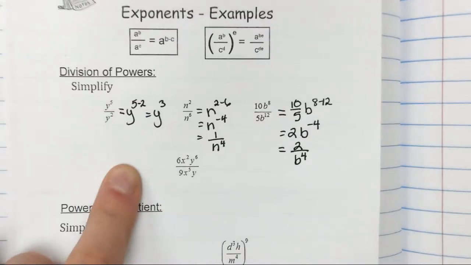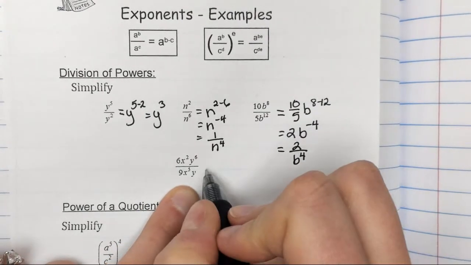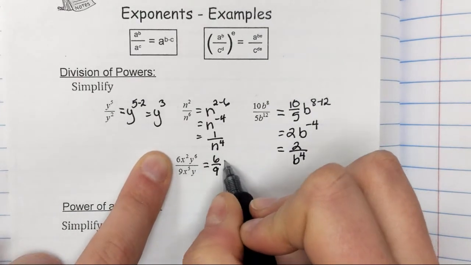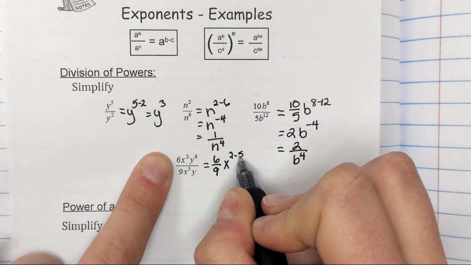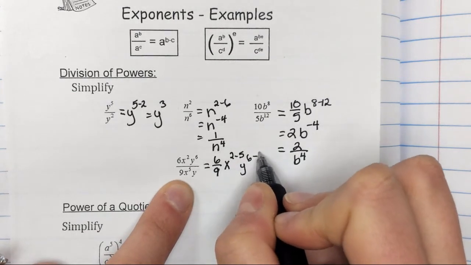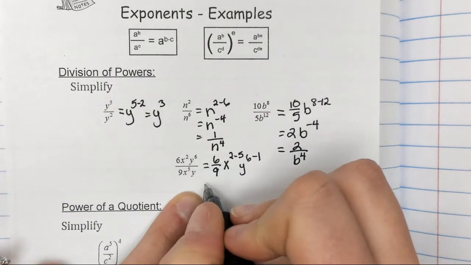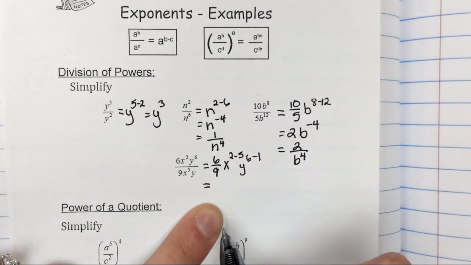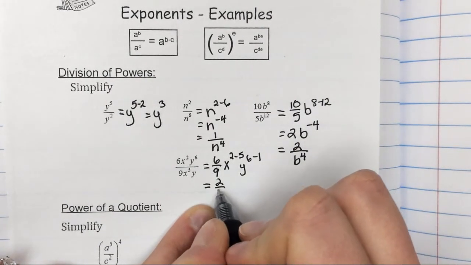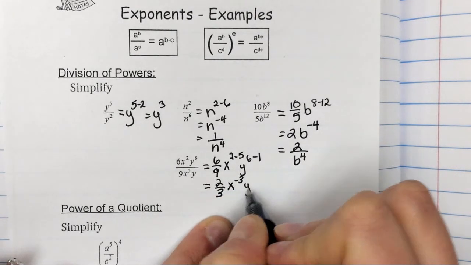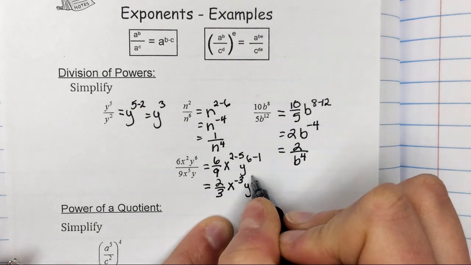All right, last example in this section. I would pull my constants out in front, 6 over 9, x to the 2 minus 5, y to the 6 minus 1. Remember, there's an invisible exponent of 1 right there. 6 over 9 simplifies to 2 over 3. x to the 2 minus 5 is negative 3. y to the 6 minus 1 is y to the 5th.